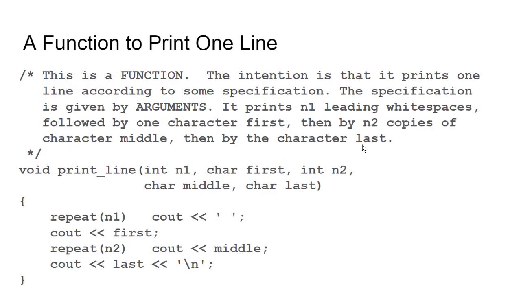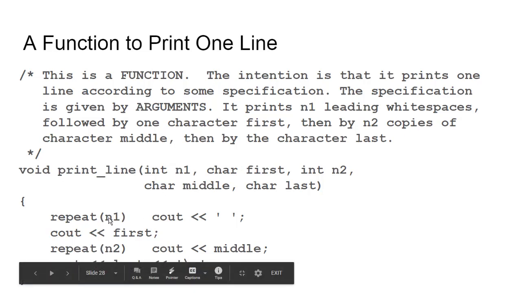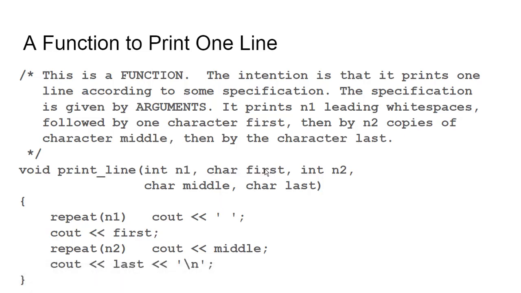What this function does is it takes the 5 pieces of information and prints it out. It will first print n1 leading white spaces, then print the first character, then print n2 copies of the middle character, and then print 1 copy of the last character and a new line.